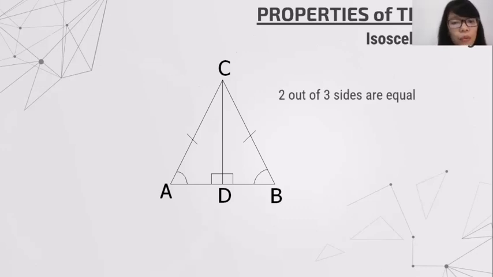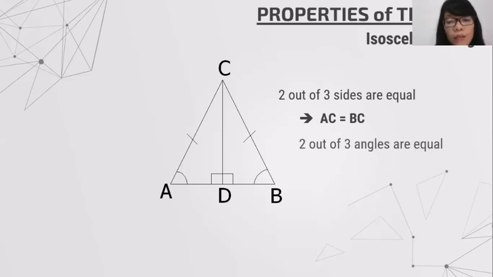Which ones are equal? Side AC and side BC. Not this one. That's equal. So that's why we can say that 2 out of 3 sides are equal. And then 2 out of 3 angles are equal. So angle A and angle B, both of them are equal.